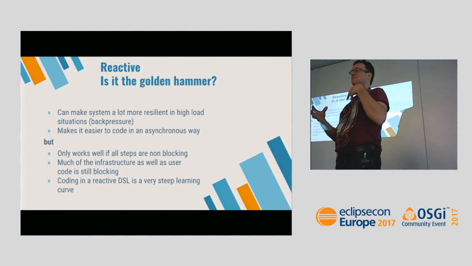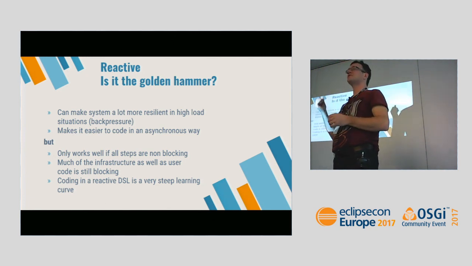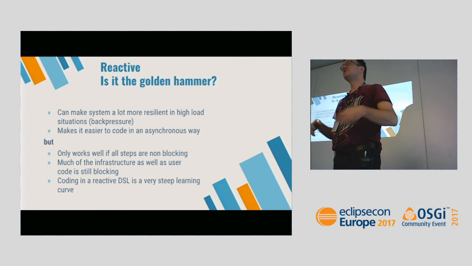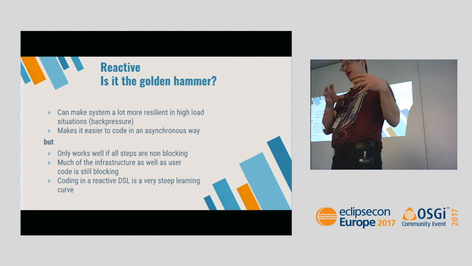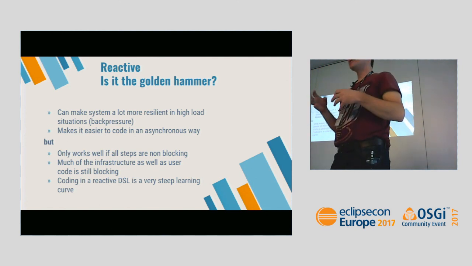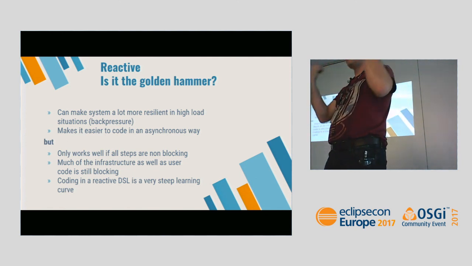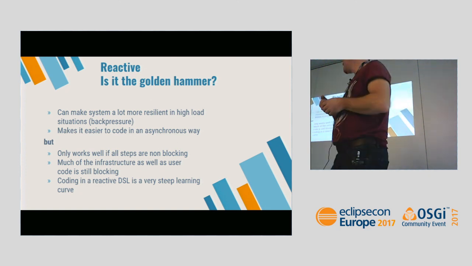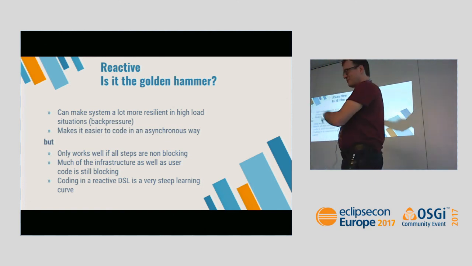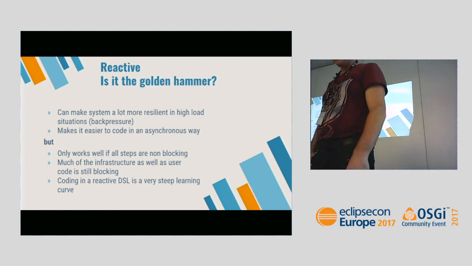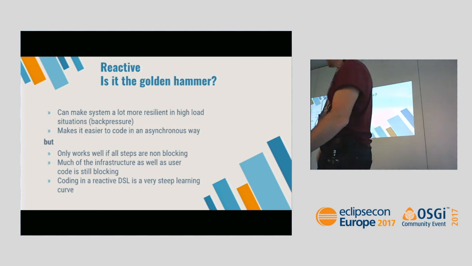I'm not really a specialist in these DSLs like Reactor, but it's not easy to get into that mindset. Maybe it's just something you have to accustom to, but I think it's also more complex from thinking than our normal way we code. So it might be a rocky road to that reactivity. It's a really steep learning curve.